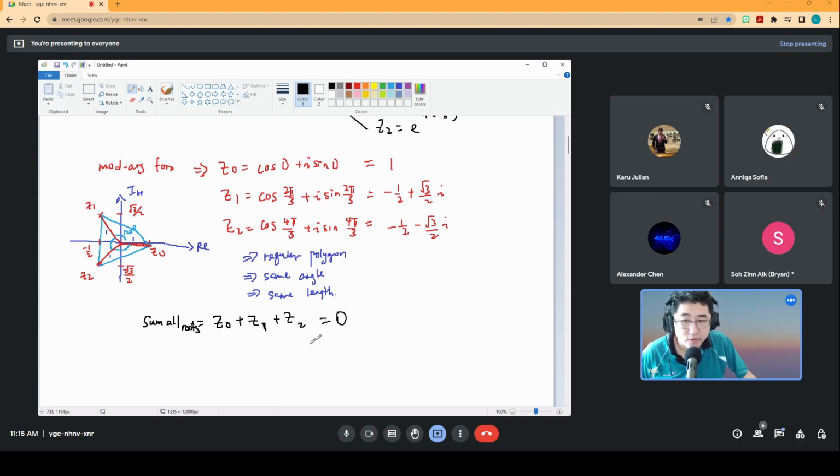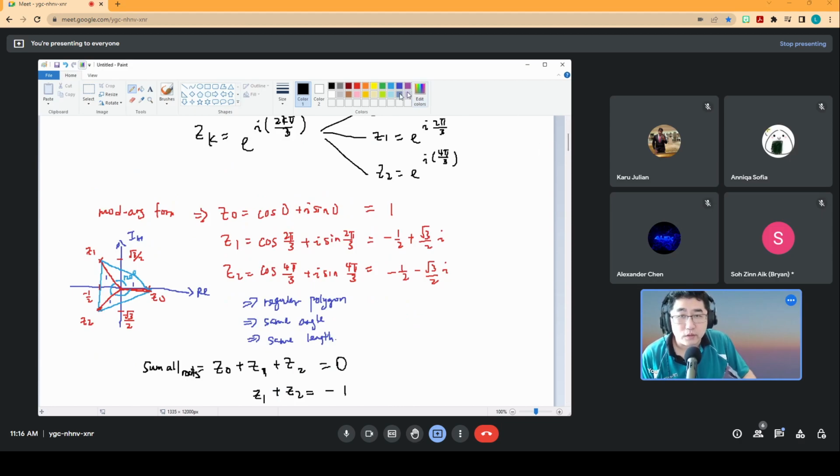Can you see that you get 0? Yes. So, in other words, Z1 plus Z2 will be equal to -1. Agree? Yes. Okay, this is the first observation. This is the second observation.